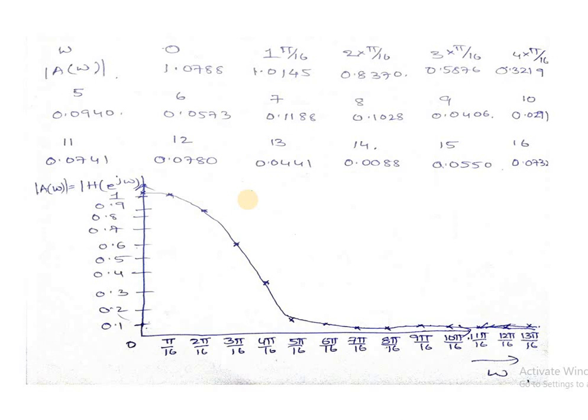And in the above problem, what we have done is, first, based upon the given specifications, we have clearly written the desired specifications, identified the value of n, whether it is symmetric or not, and whether it is odd or even in the first step. And in the second step we have calculated the desired impulse response using the inverse Fourier transform equation.